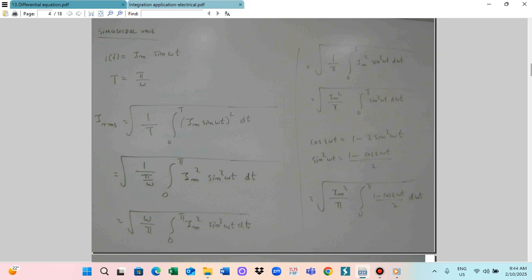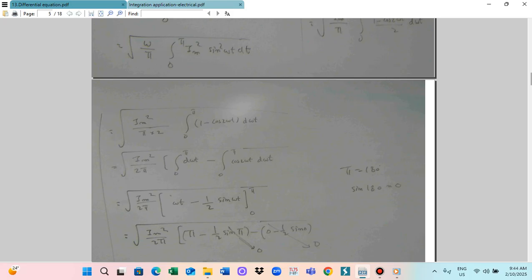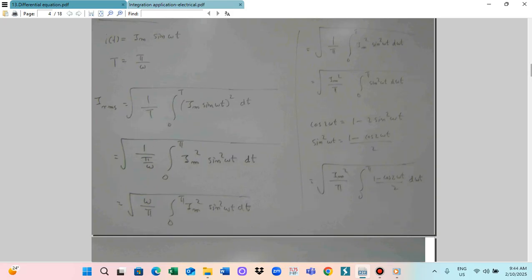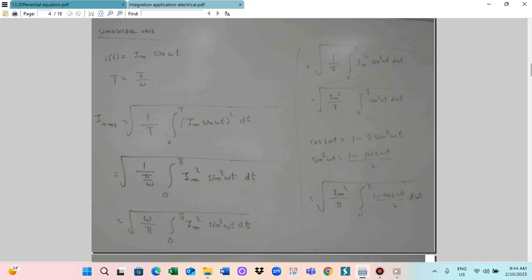This equation you cannot directly integrate. You have to use the trigonometric formula. The formula is cos 2 omega t is equal to 1 minus 2 sin squared omega t. By this way you can calculate sin squared omega t. So sin squared omega t is equal to (1 minus cos 2 omega t) divided by 2.